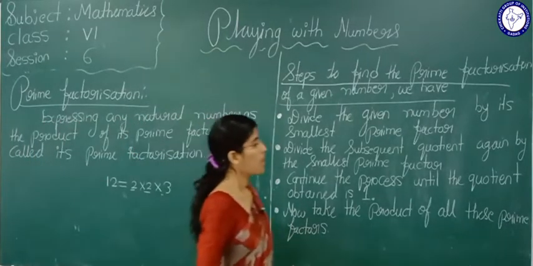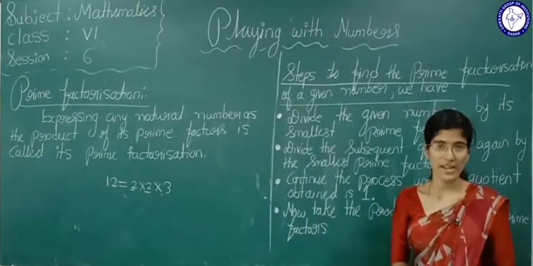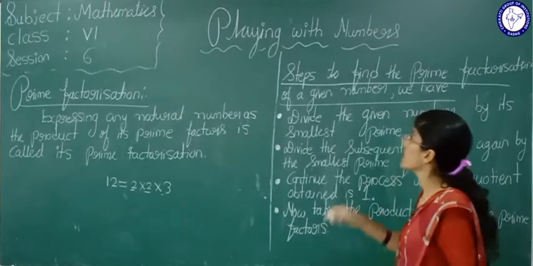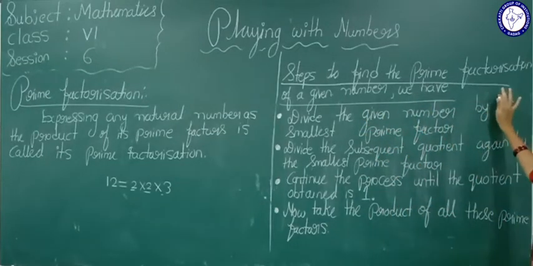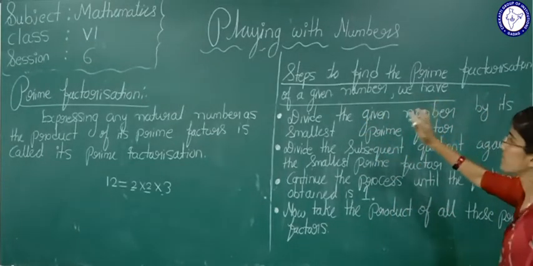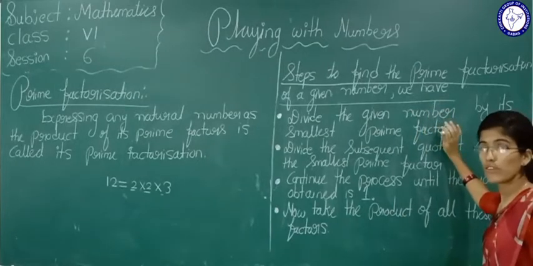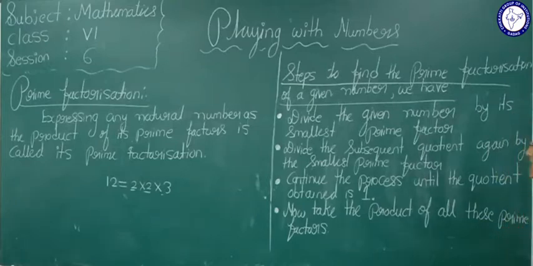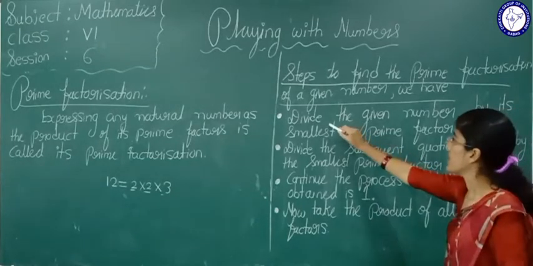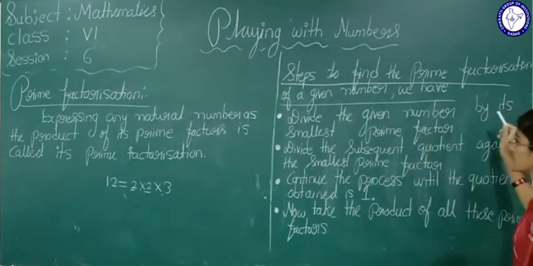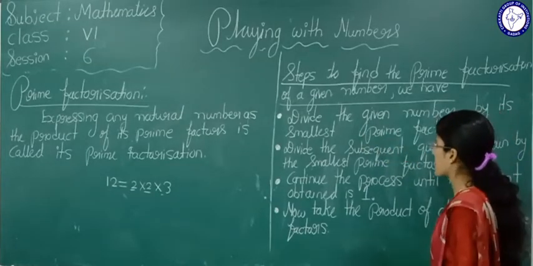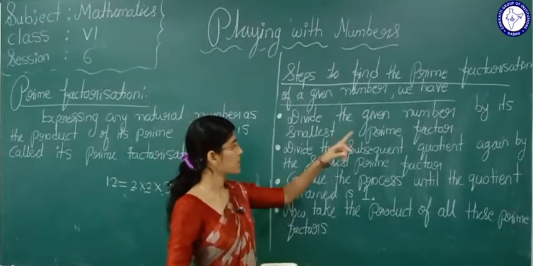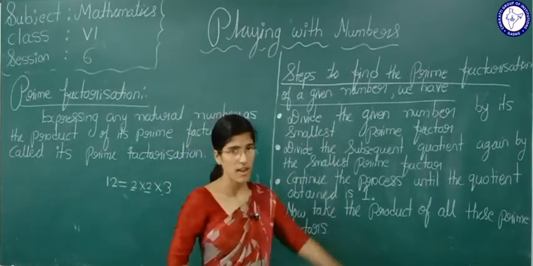Now, how to find this prime factorization, means how to do the prime factorization. Here are the steps to find the prime factorization of a given number. They have given some steps here. Step one: divide the given number by its smallest prime factor.